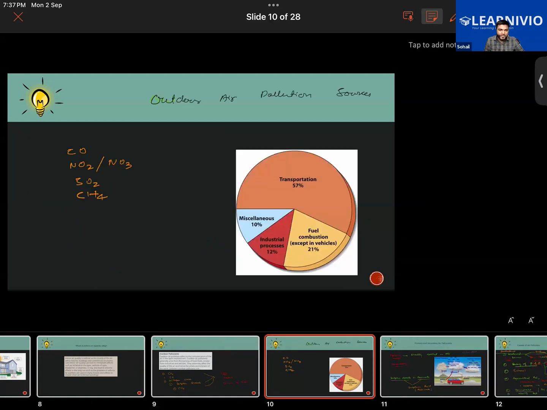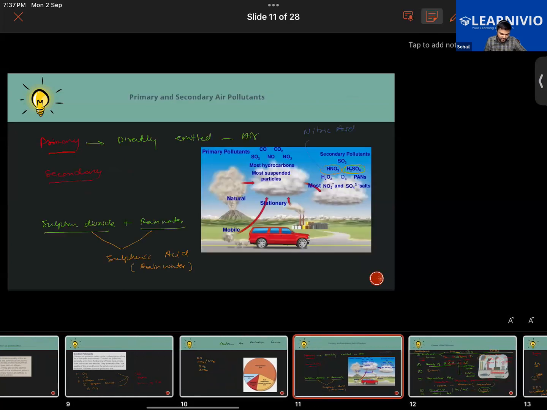Then we learned about the different sources of air pollution. Transportation is the single largest source, accounting for more than 50%. Most of the air pollutants come out of the different vehicles.